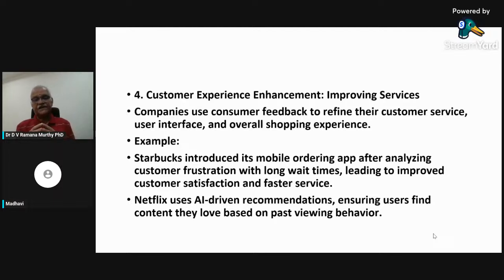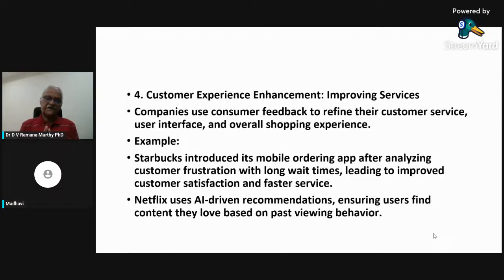Starbucks introduced its mobile ordering app, just like food delivery apps, after analyzing customer frustration with long wait times. See, if you go to a restaurant or a coffee shop, you have a lot of queue there, and you take a lot of time to get your cup of coffee. So this observation led to improved customer satisfaction and faster services.